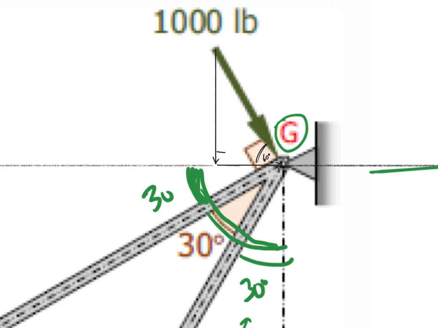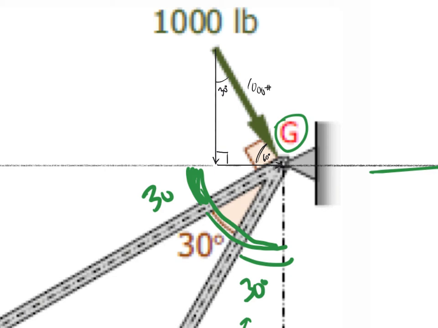Okay, and so this is a right angle because my X and Y are perpendicular to each other. And so this is a 30, 60, 90. It means that the hypotenuse is 1,000 pounds.